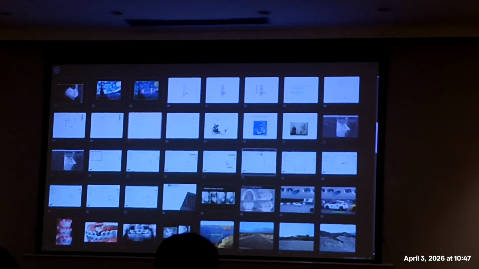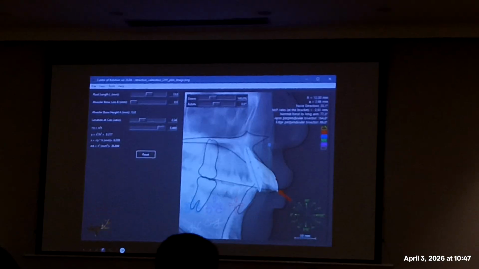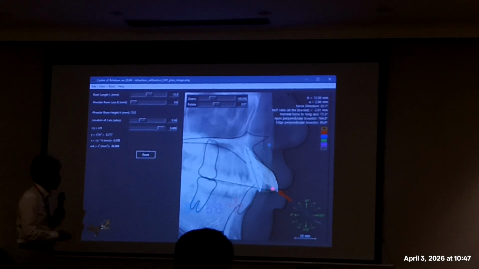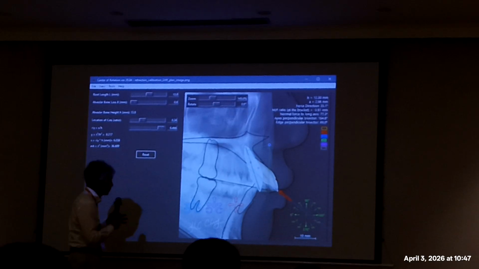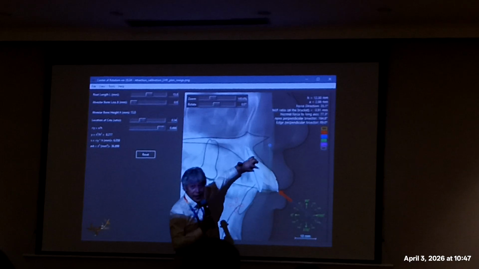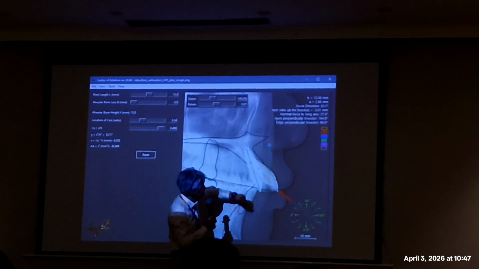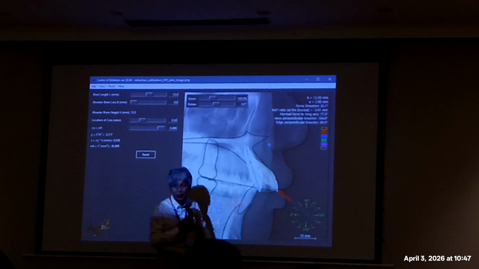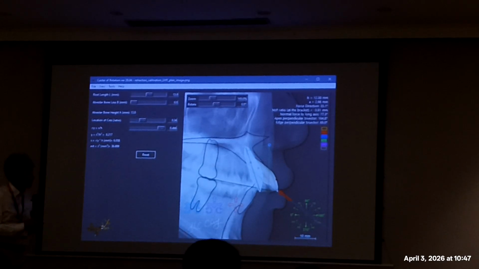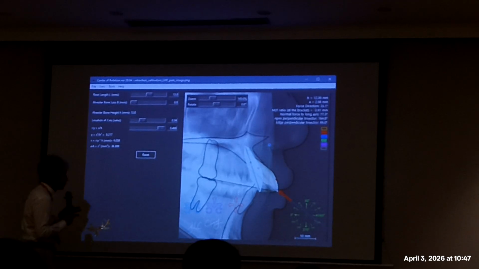If we apply this to the center of rotation calculator, force is applied here, and the center of resistance is moving from here to there. The distance between the force and the center of resistance, the distance between here, is A. And the distance between the center of resistance and the center of rotation here, this distance is B. So here it says B is 12 millimeters, and A is about 3 millimeters.